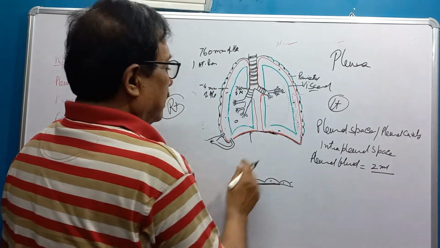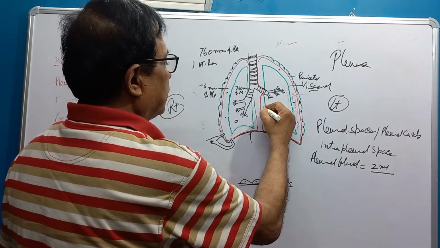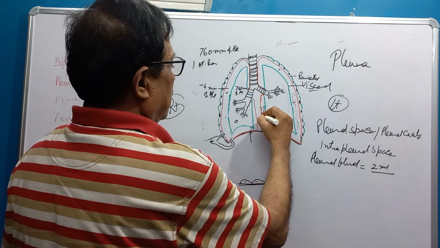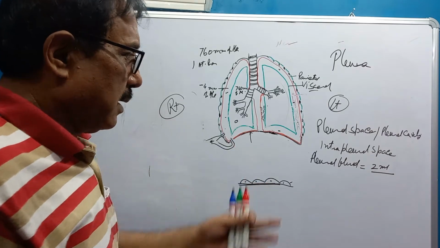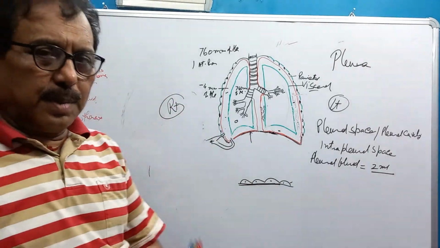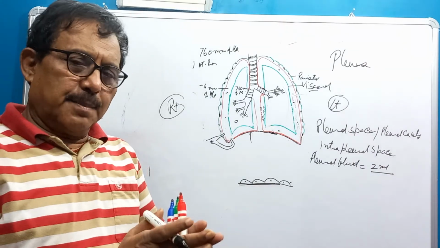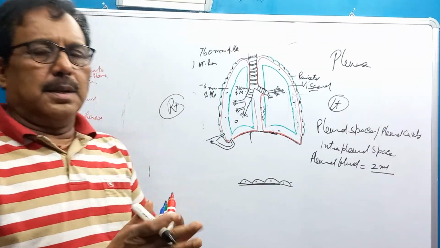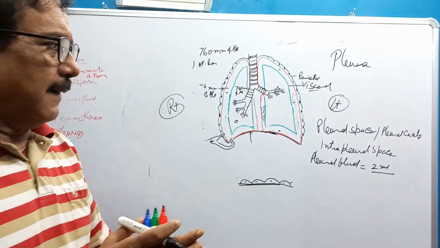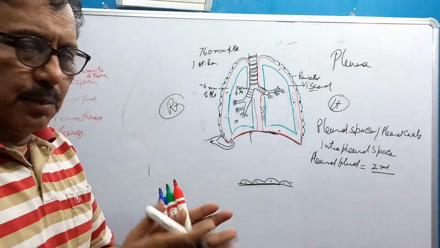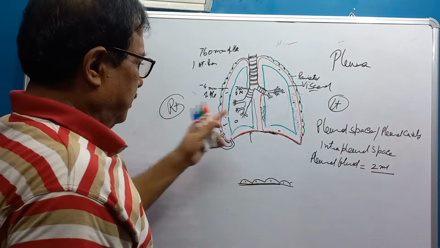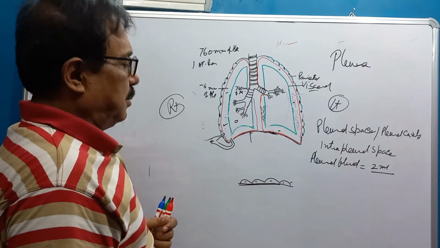The elastic tissue is covered with mesothelium on both sides. This pleural fluid provides lubrication, helping smooth movement of the visceral pleura over the parietal pleura. Number one, it allows free, smooth movement of the visceral pleura and parietal pleura.